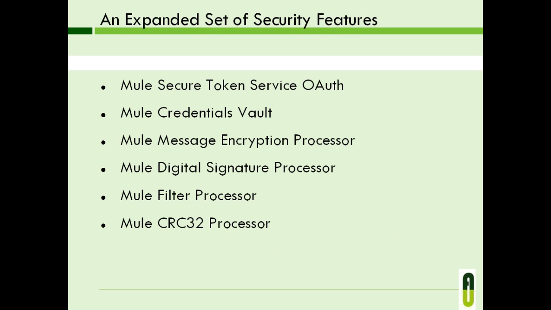Each tool plays a different role in securing Mule applications, like Mule Secure Token Service OAuth, Mule Credentials Vault, Mule Message Encryption Processor, Mule Digital Signature Processor, Mule Filter Processor, and Mule CRC32 processors.